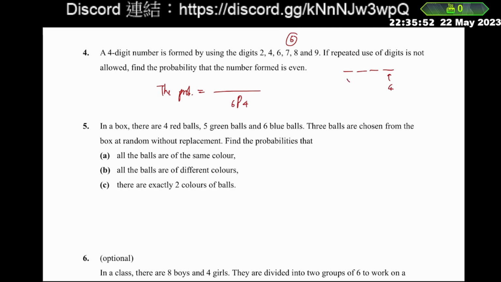The remaining are 3 places because the only restriction is on the last number, so we can have 5, 4, 3. Just fill the blanks one by one. Therefore, it will be 3 times 4 times 5 times 4 over 6P4, and the result is 2/3.